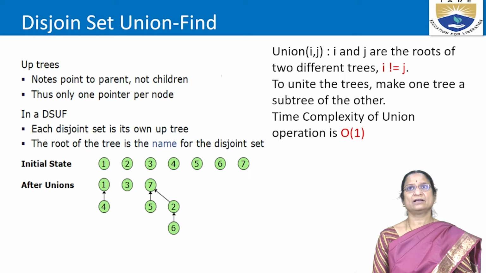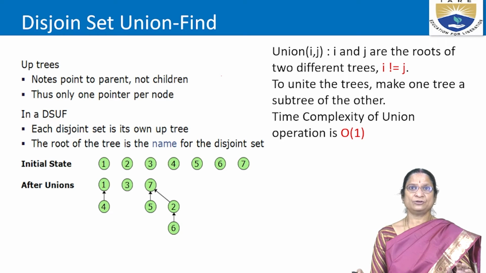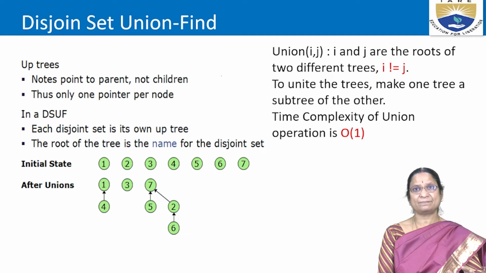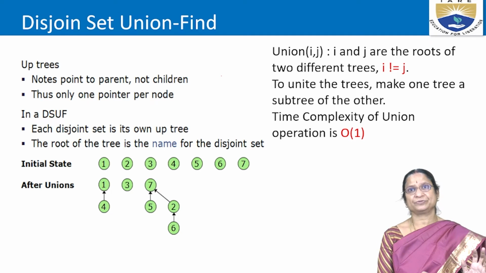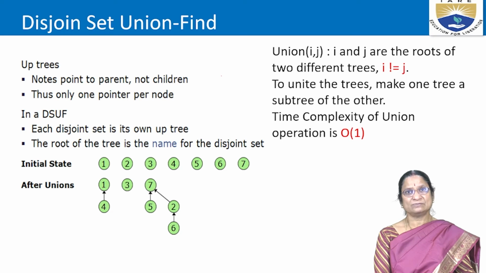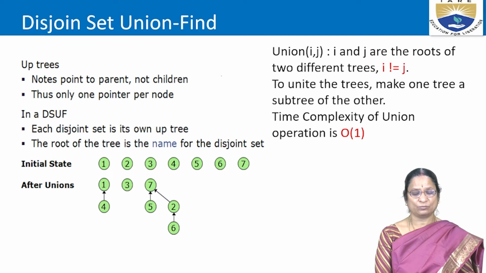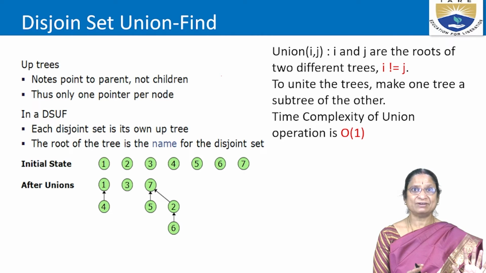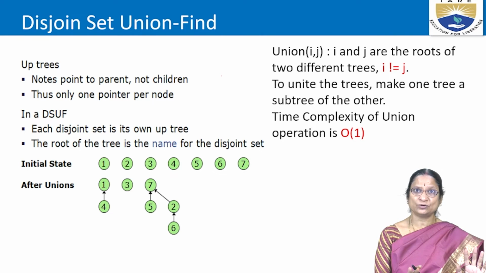If you would like to perform this union operation, initially each set is represented by 1 tree. That means only root nodes are available to us: 1, 2, 3, 4, 5, 6, 7. That means 7 trees are there for us. 7 disjoint sets. We will do union.